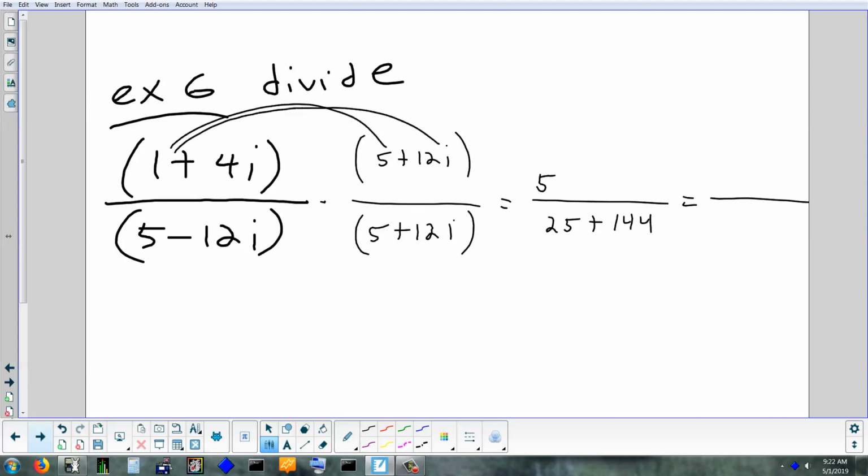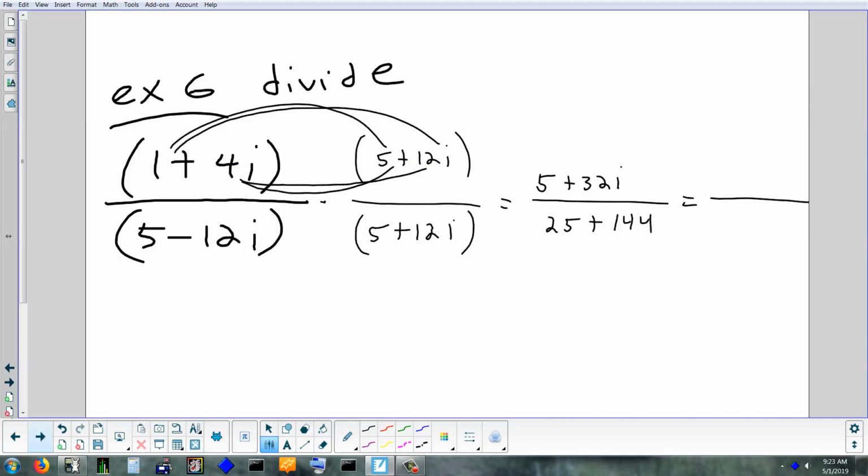Now, let's do this part in our head. 1 times 12i. 12i. 5 times 4i. 20i. So we had a 12i and we had a 20i. How much is 12i and 20i? 32i. And now the last part, 4i times 12i. Right? And it's a positive times a positive. What's positive 4 times positive 12? 48.